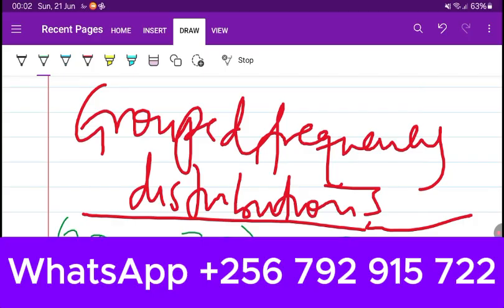Because if it has a 0, then unless you have been told which class width to use, you find yourself with some classes having 0. But having a class with a 0 is really not a good way of presenting the data.